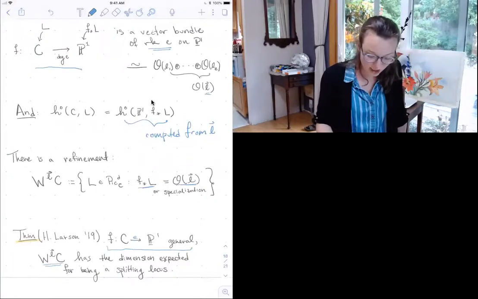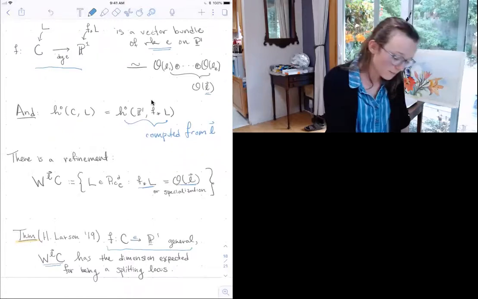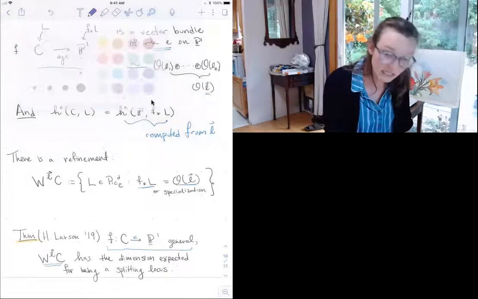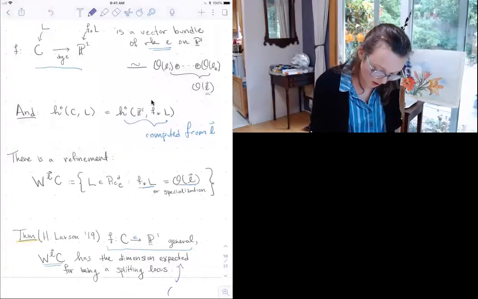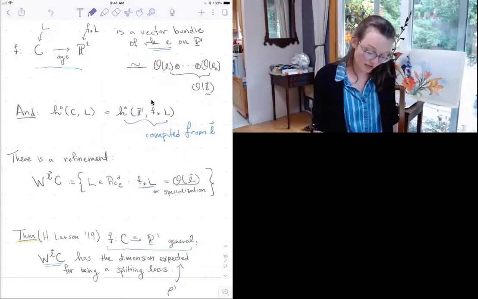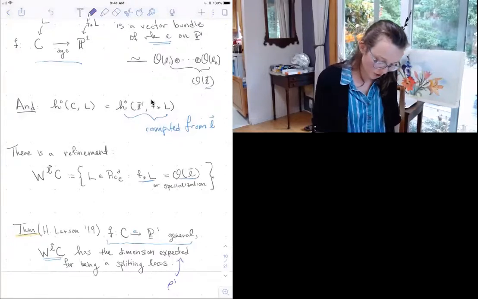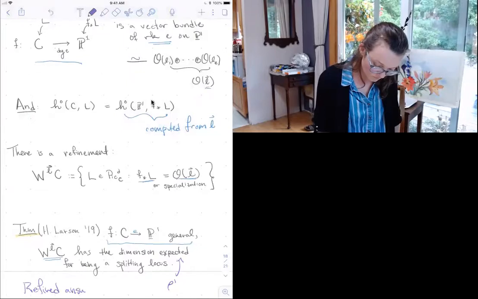So even though this dimension is not necessarily the Brill-Noether number, it is still the expectation using this information. So I'll call this dimension rho prime. So this gives a refined answer to 1 and 2.